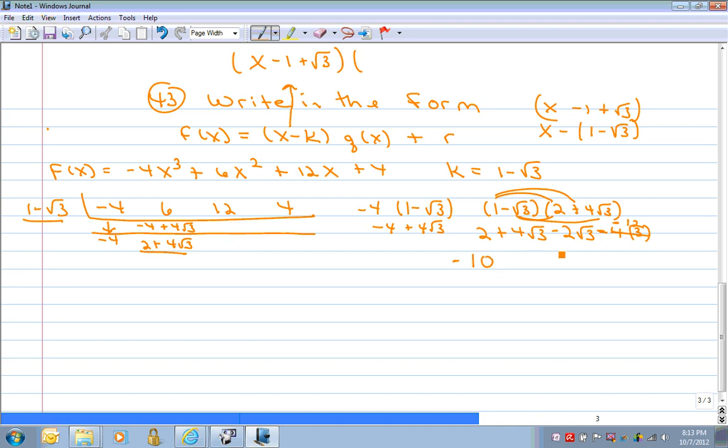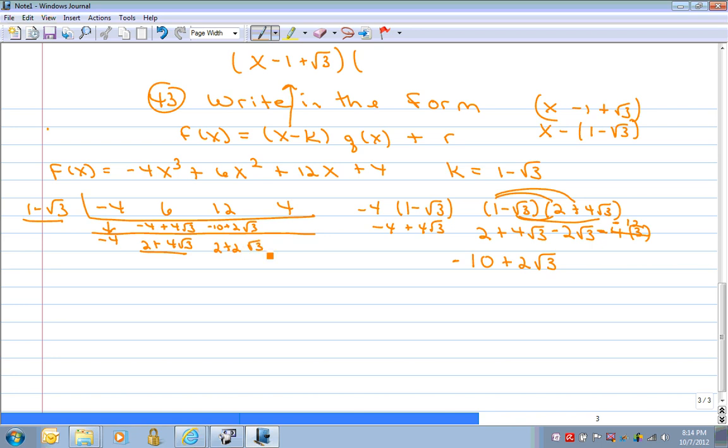And then 4 square roots of 3 and a negative 2 square roots of 3 is a positive 2 square roots of 3. So negative 10 plus 2 square roots of 3. And that's what's going to go right here. Negative 10 and positive 12 is a positive 2 plus 2 square roots of 3.